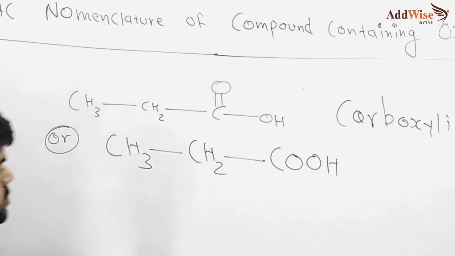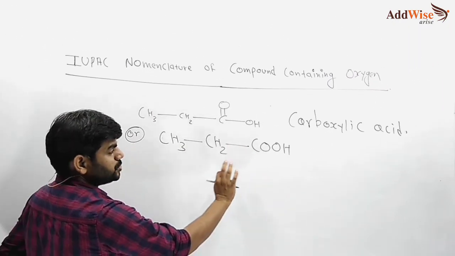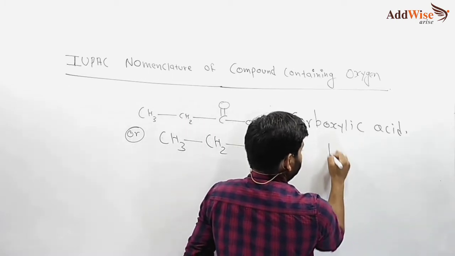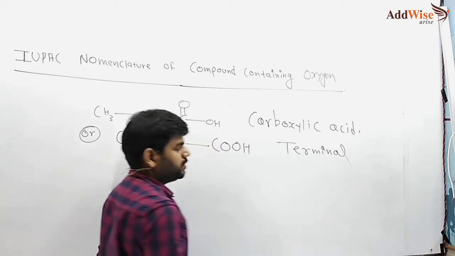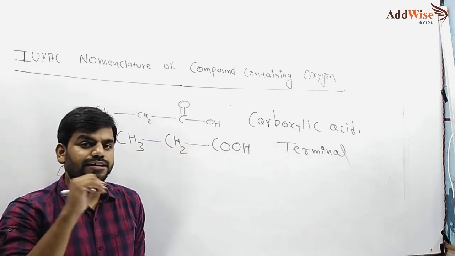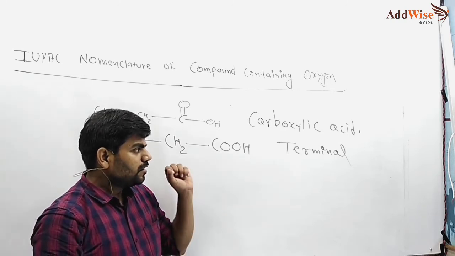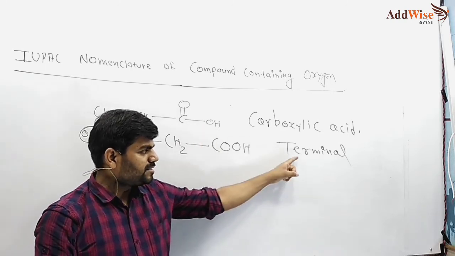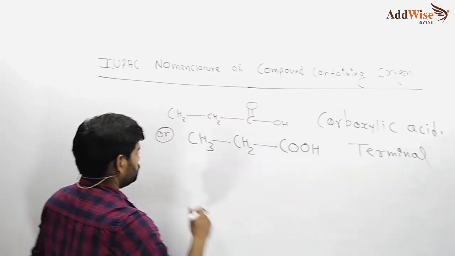Now, one more important point: carboxylic acid always exists at the terminal position. That means like aldehyde. Yes, carboxylic acid is also terminal. Aldehyde and carboxylic acids always exist at the terminal position.